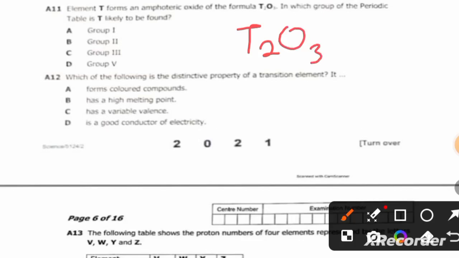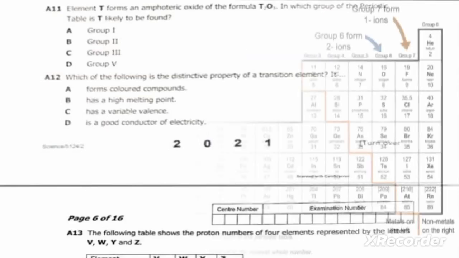So which means this three is for T, and this one is for O. We have seen that the valence of T is 3. So the valence electron of T is 3, so we expect T to come from group 3.